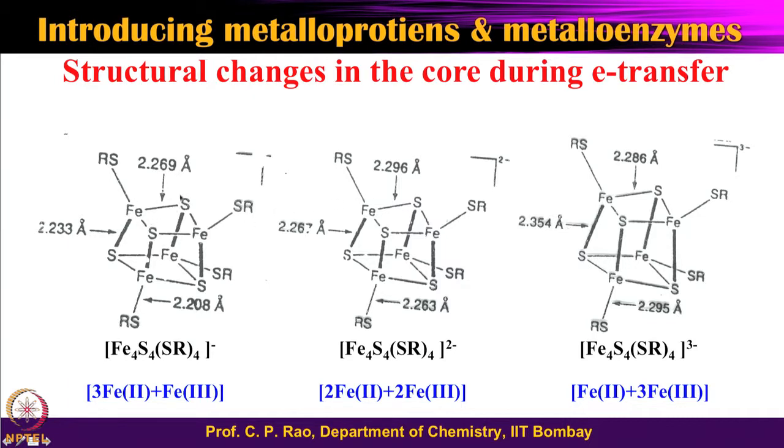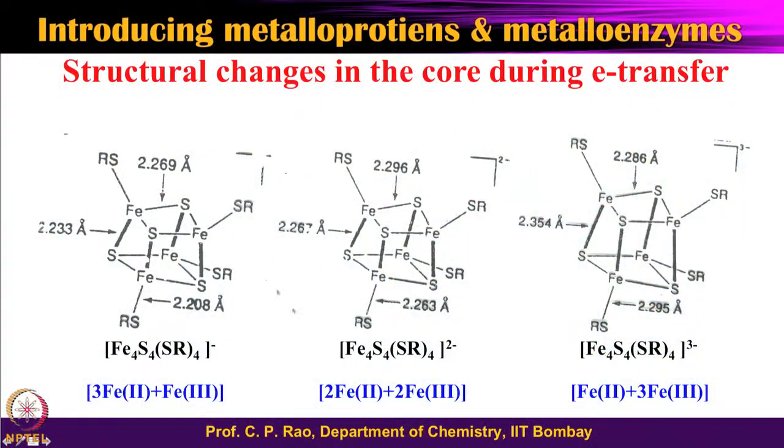Look at this distance also, similarly increases: 2.208, 2.263, 2.295. So what is happening? As you keep oxidizing one iron from here to here, one more iron from here to here, these are basically expanding. Therefore, you have an expansion when it is oxidized and it will contract when it is reduced.